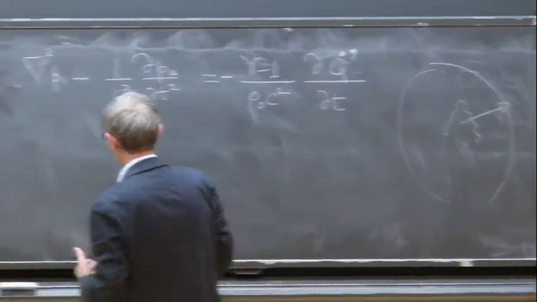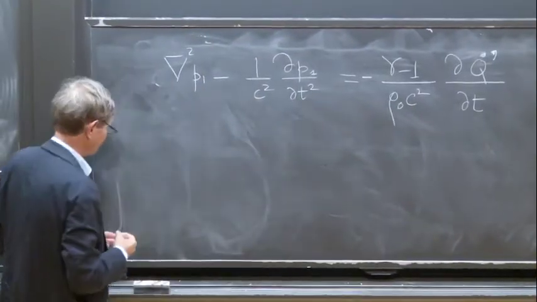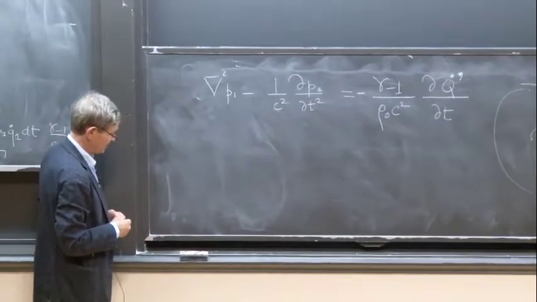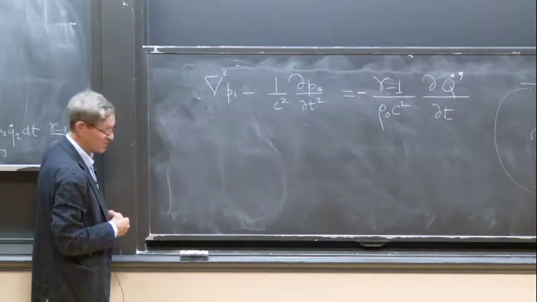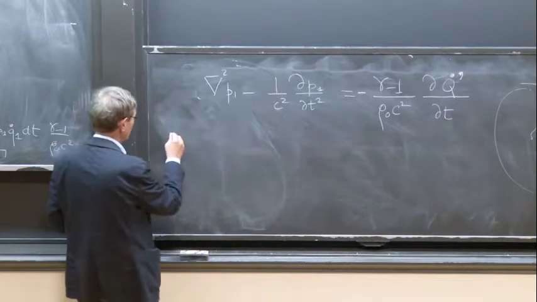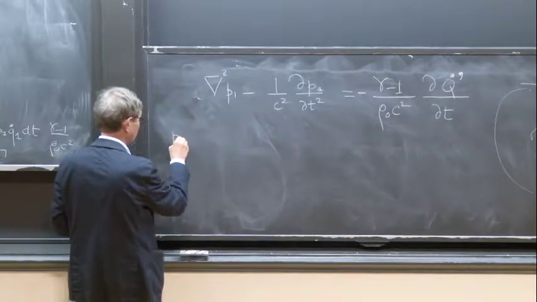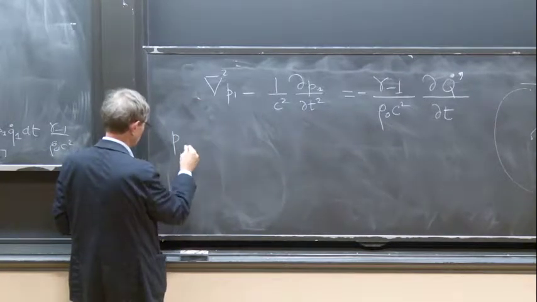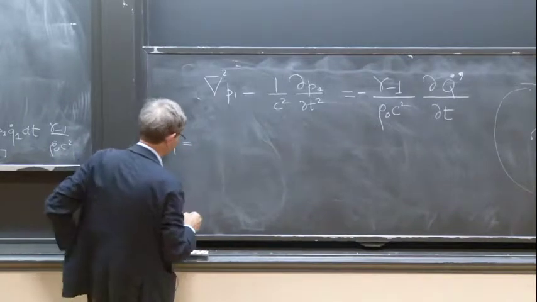We use what is called the retarded potential representation, which tells you that the pressure field, for the solution of that equation, is the following.